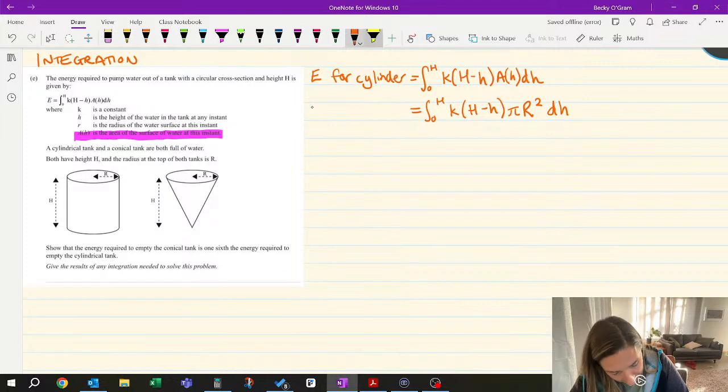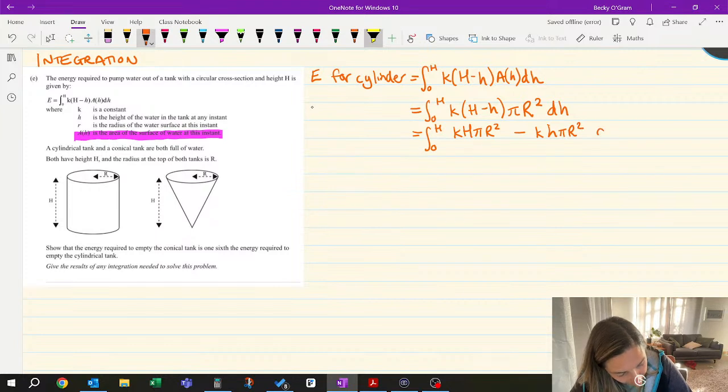Okay, so let's put that into something that we can differentiate. So multiplying out our terms, we will have k, capital H, pi, r squared, minus k, little h, pi, r squared.